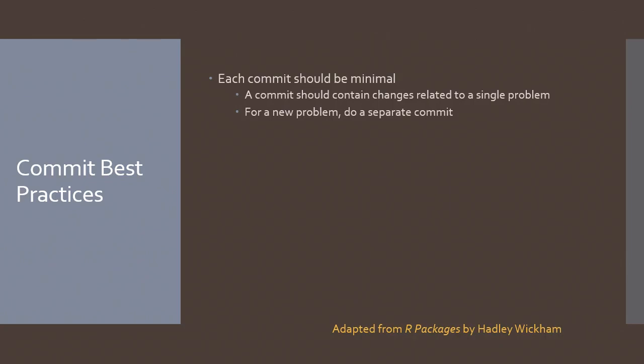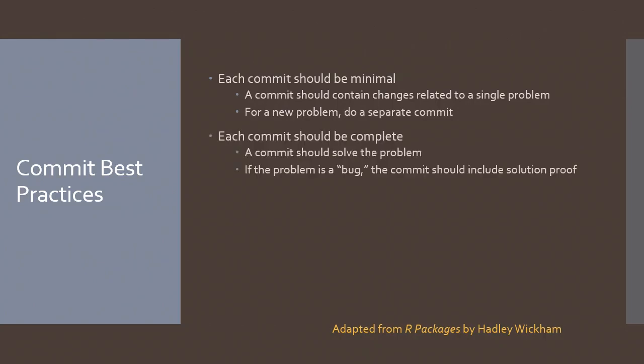What I don't do is make a commit when I've only changed a line or two of code. That is, I see the commits as going with the completion of one aspect of a single problem. For a new problem, then I do a separate commit.